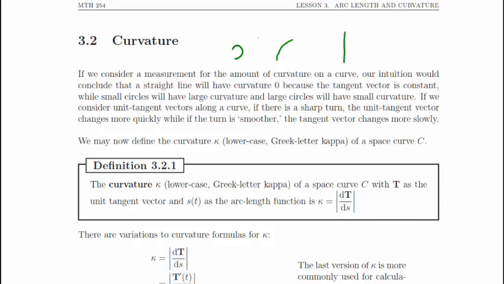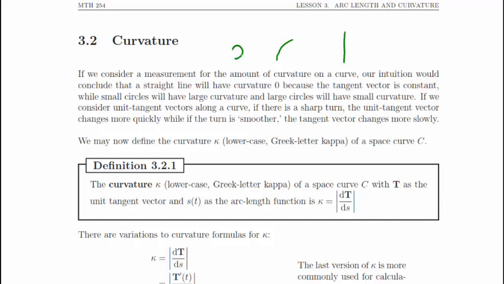The direction of the curve is not going to matter for the curvature. We just want to have a formula for the tightness of the curve without worrying about the direction of the curve. If we consider unit tangent vectors along a curve, if there is a sharp turn, the unit tangent vector changes more quickly, while if the turn is smoother or less tight, the tangent vector changes more slowly, right?